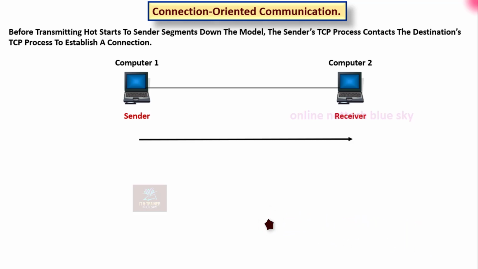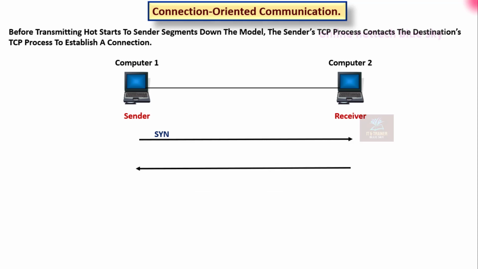transmission control protocol tries to send from one computer to the other side to communicate. For first communication, establish a connection. Second is synchronize, and synchronize means one computer sends one type of communication, one type of process, contacting the destination.